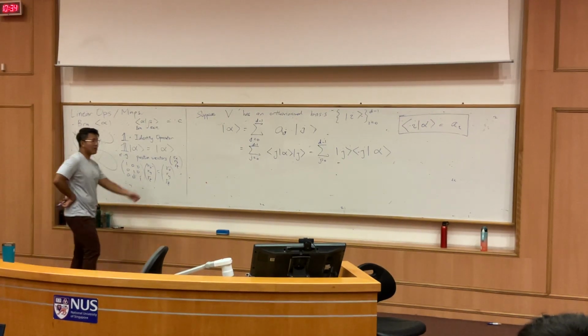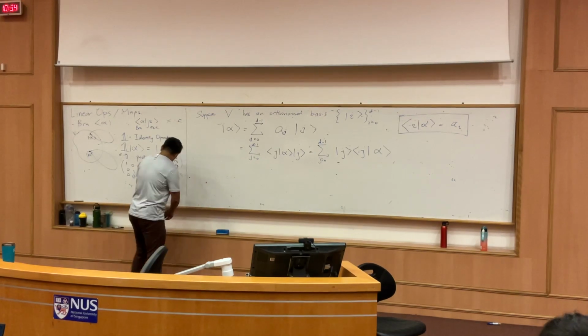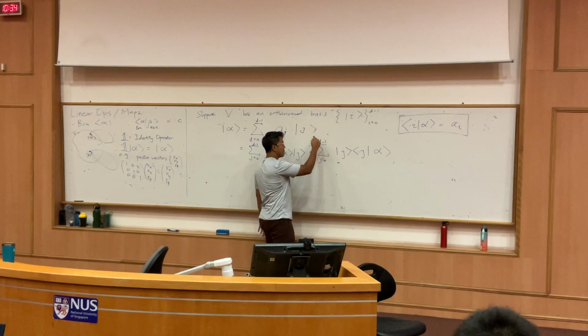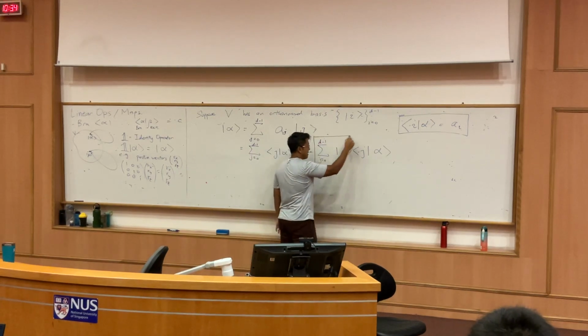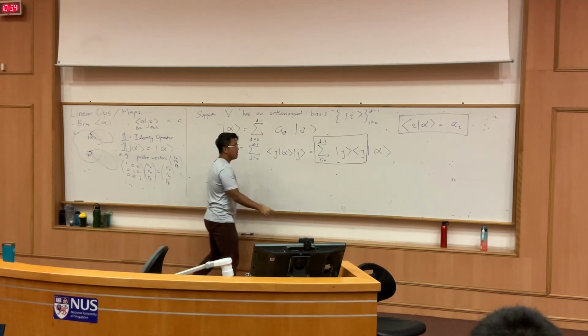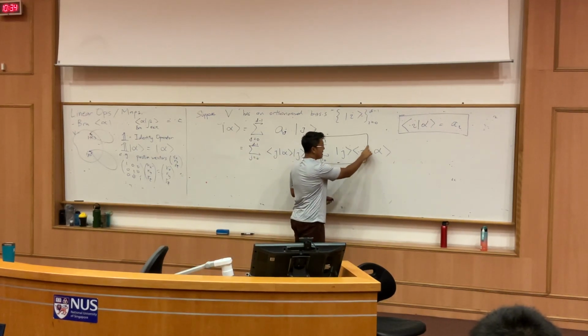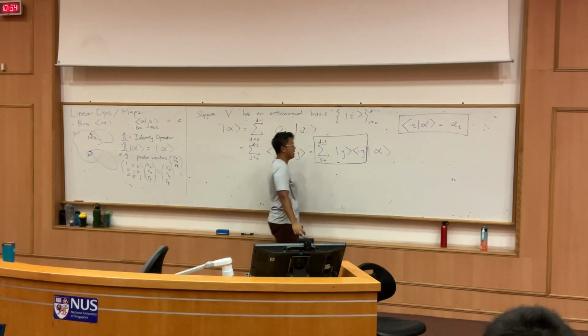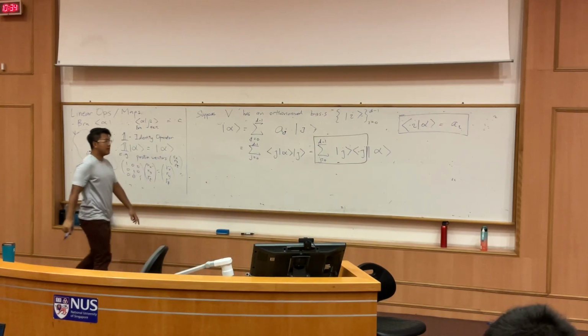On the right hand side, this complicated mess. This means that if we decide to break up this bracket as the overlap of a bra and a ket, then I can treat this as one object.